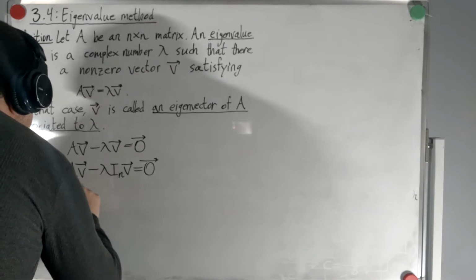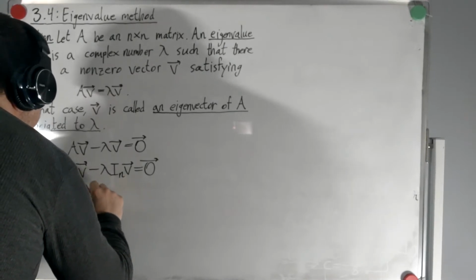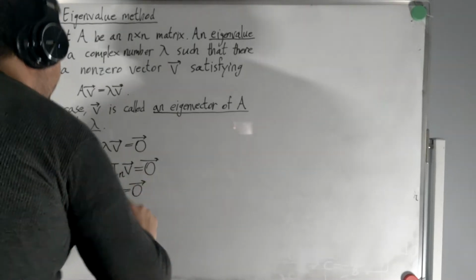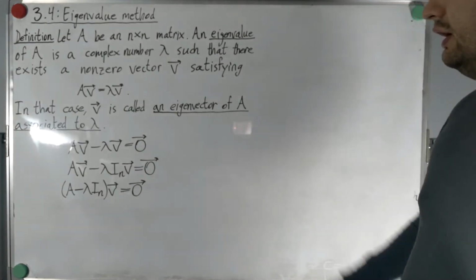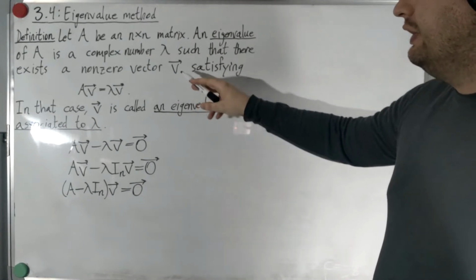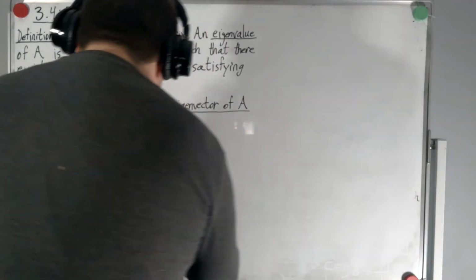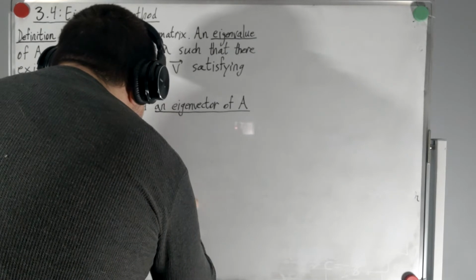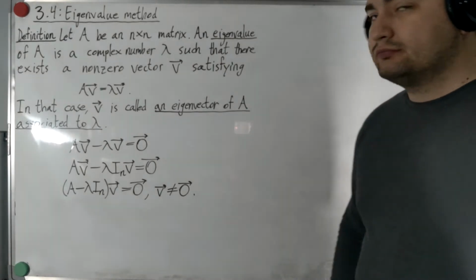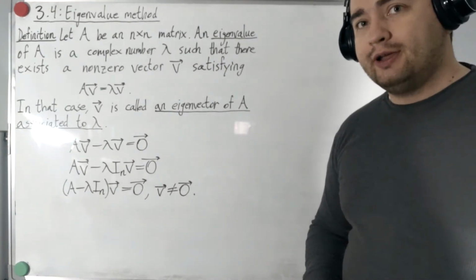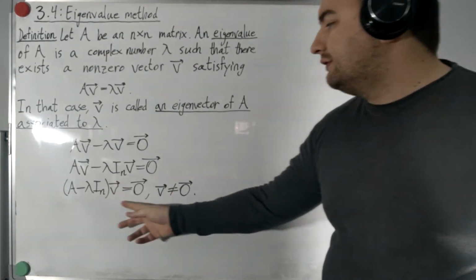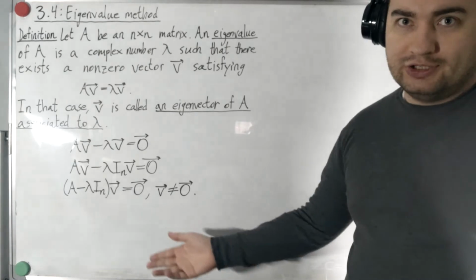So you can write this as A minus lambda I_n times v vector equals the 0 vector. And once again, can't emphasize enough, v, the eigenvector, has to be not the 0 vector. So what we're looking for is a non-zero vector that satisfies this matrix equation.